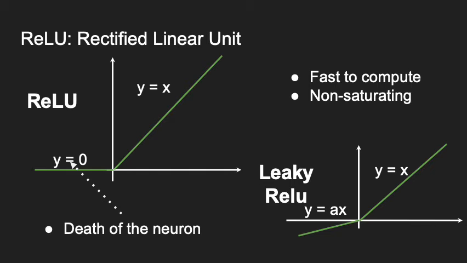One of them is leaky ReLU, and the difference between leaky ReLU and ReLU is simply that instead of outputting 0, you output ax, and ax is usually a small value, but big enough to prevent that death of neurons. ReLU is very fast to compute. It's non-saturating, and it is pretty much what most people are using at the moment.